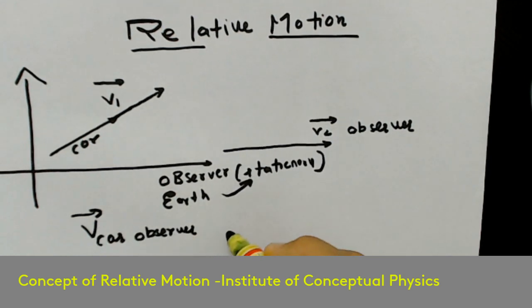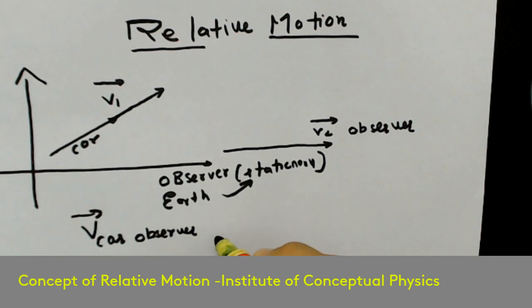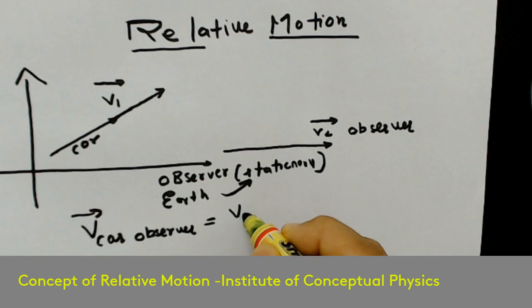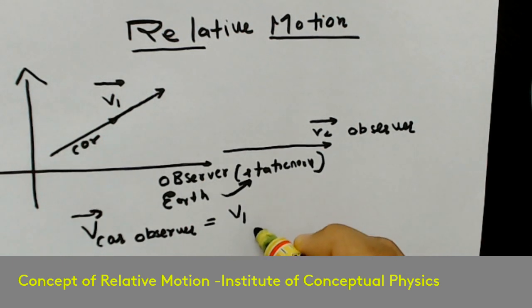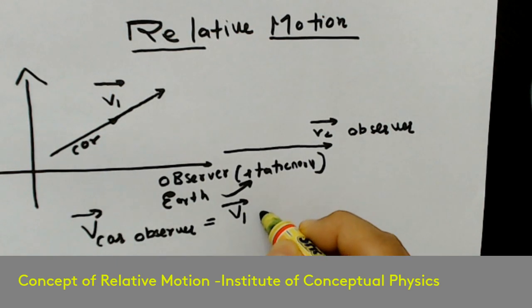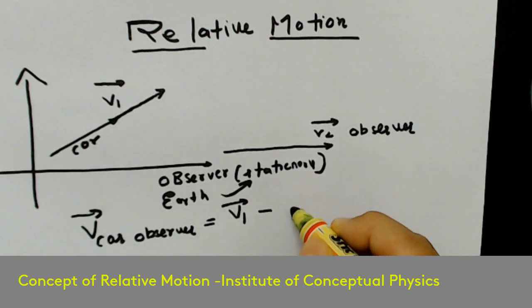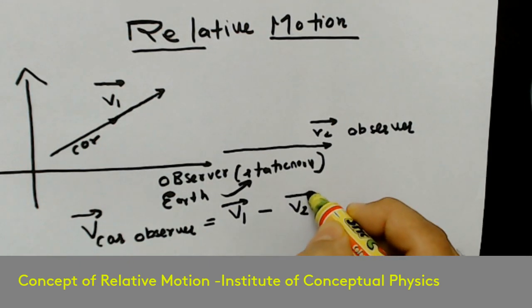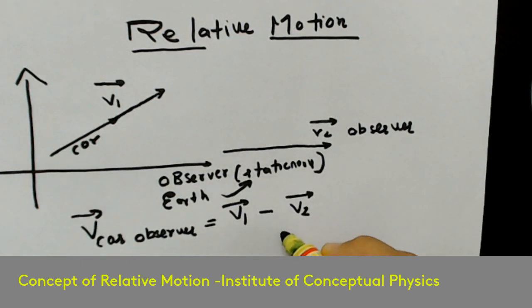That is how the car's motion is being observed by the observer, which now has a velocity v2, is written like the velocity of the car when the observer was stationary, and subtract the velocity of the observer when the observer himself, or herself, is moving.